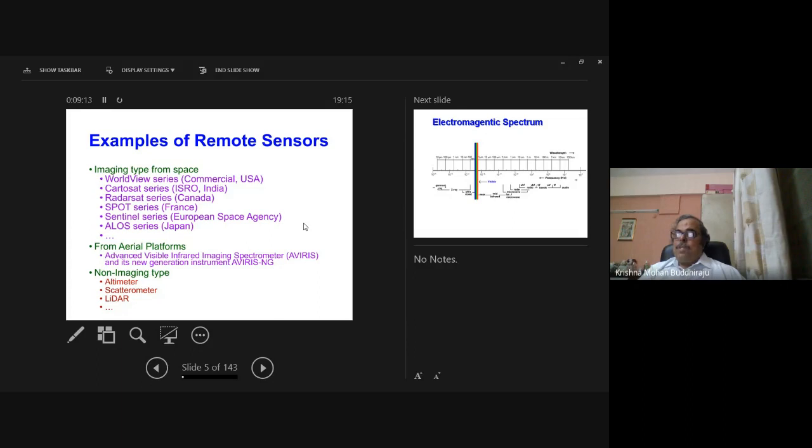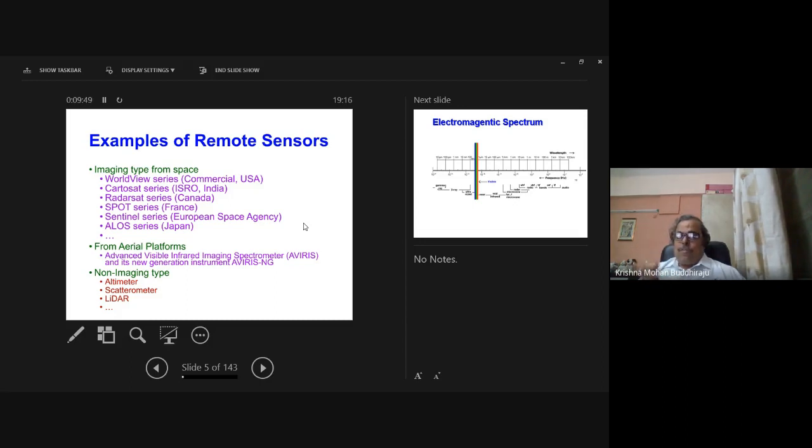We also have non-imaging sensors where, set at a given location, data is collected, like an altimeter, which is generally used for wave heights. Usually in oceanography applications, the wave heights are measured using altimeters. Scatterometers measure, at selected locations, the backscatter, usually in the microwave part of the electromagnetic spectrum.